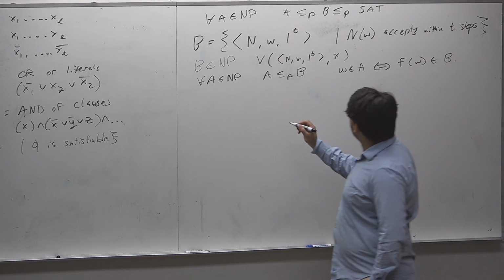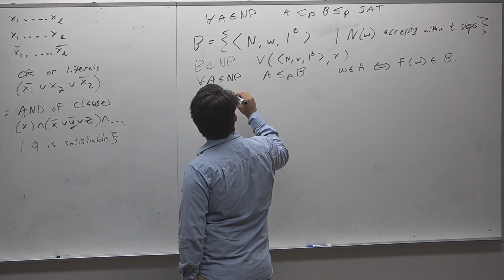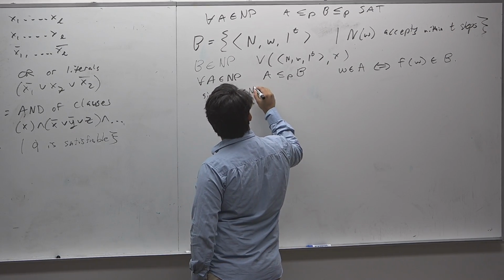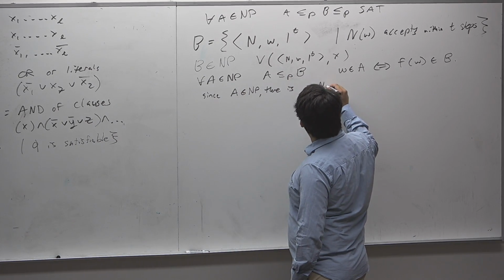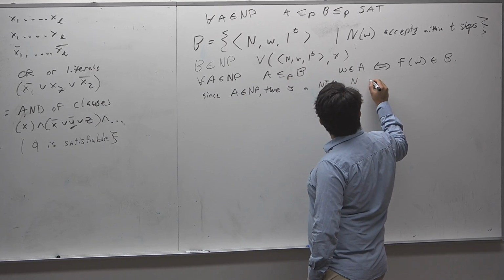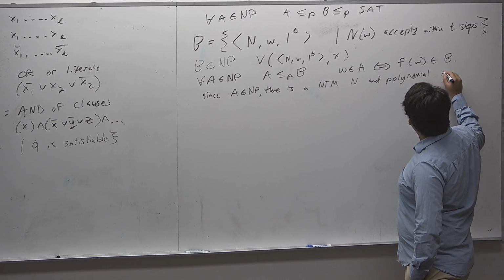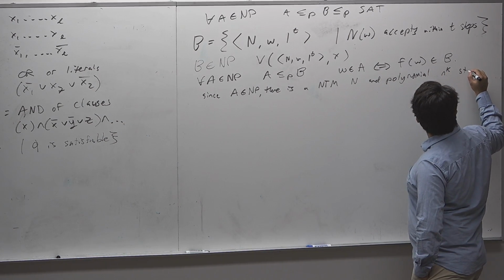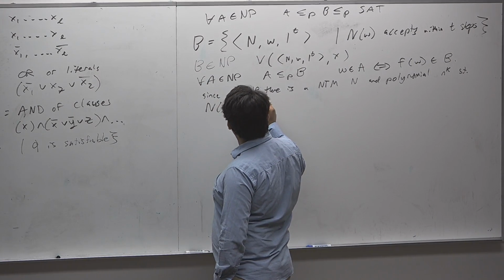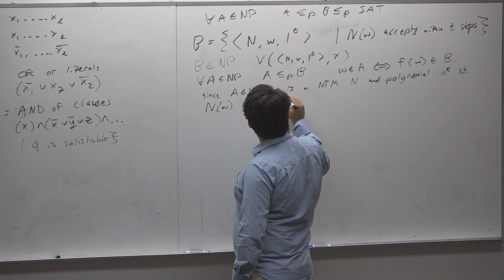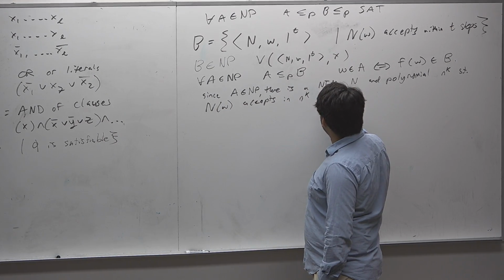So here's what our reduction is going to do. Since A is in NP, there is an NTM, we'll call it N, and a polynomial n to the k, such that N on W accepts in n to the k steps, right?